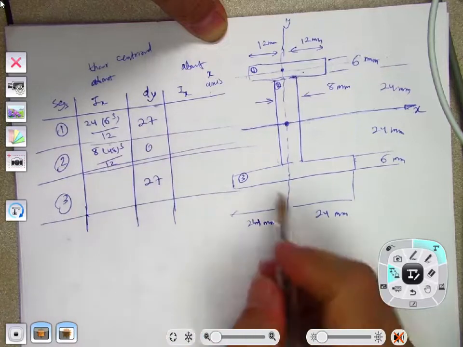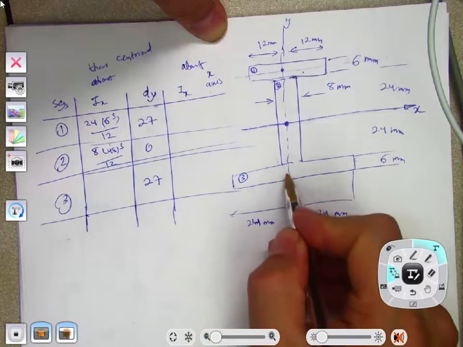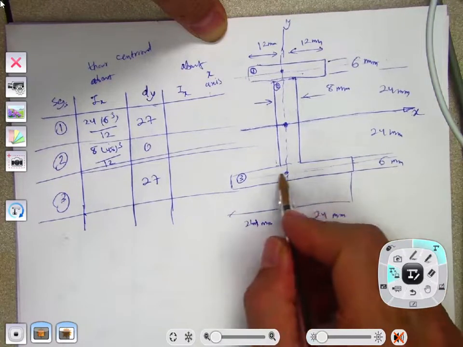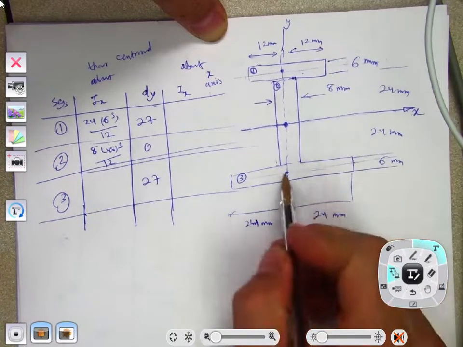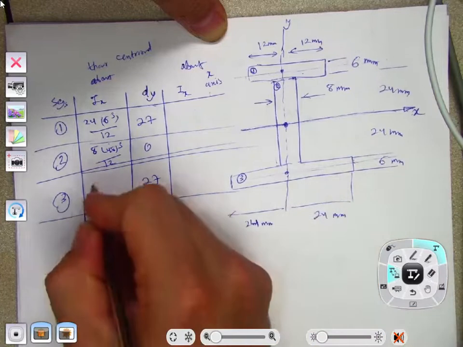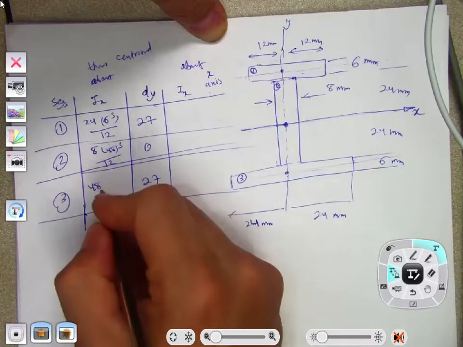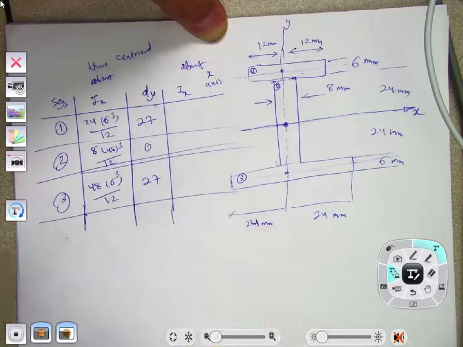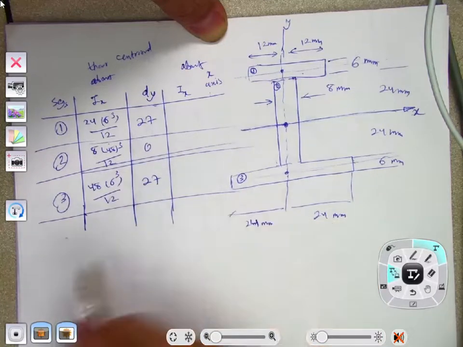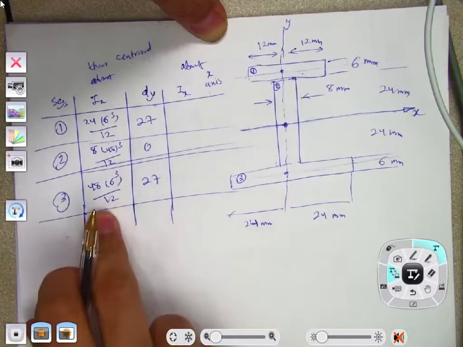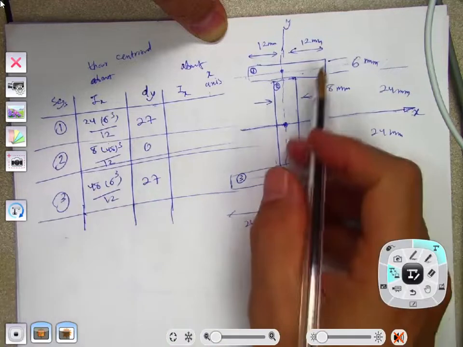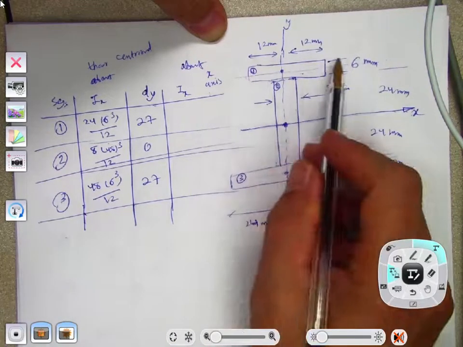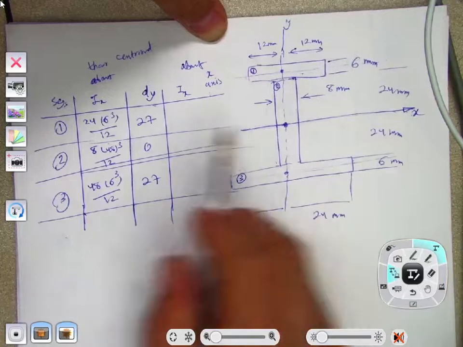For the last one, this piece, with an x prime axis passing through its centroid parallel to x, the moment of inertia is going to be 48 times 6 cubed divided by 12. Okay, so these are the moments of inertia of each segment about their centroidal axes, parallel to x.